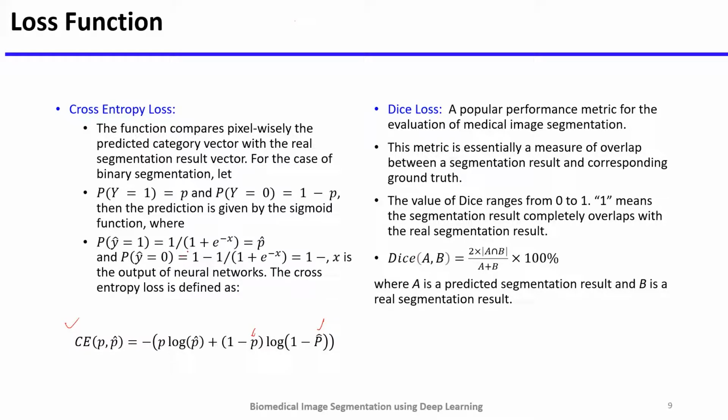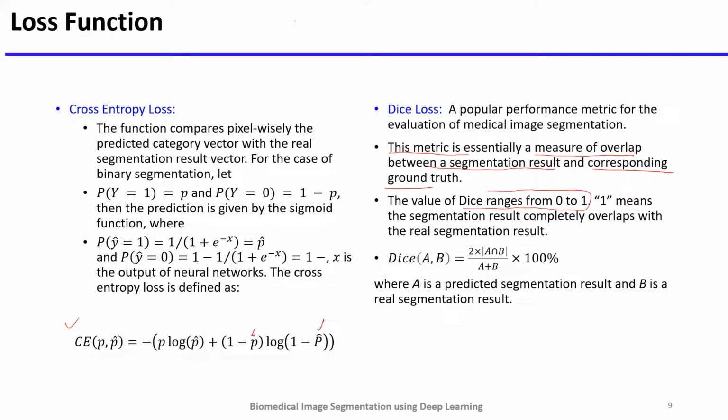Another approach, which is very much used, people are using this in segmentation, is dice loss. What it means, this metric is essentially a measure of overlap between the segmentation result and the corresponding ground truth. How much overlap is there? So for example, in this case, dice ranges from 0 to 1.